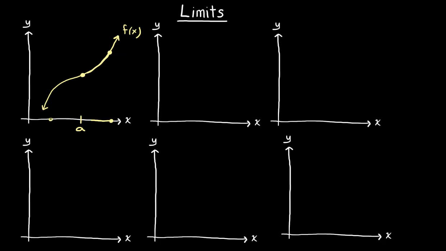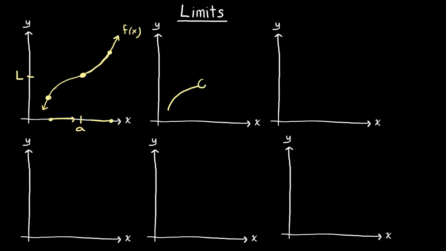Likewise, if I come to the left over here and x approaches a, then I will move along this graph, and we see that as x approaches a, the function approaches this common y value, which I will label L.